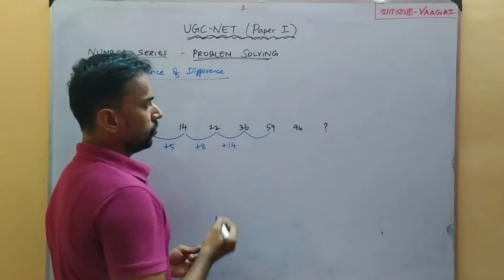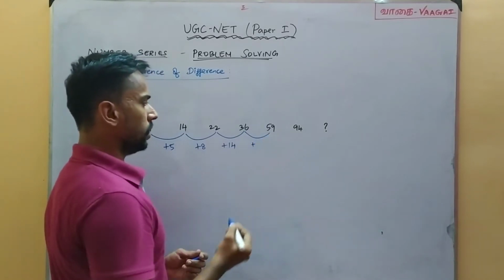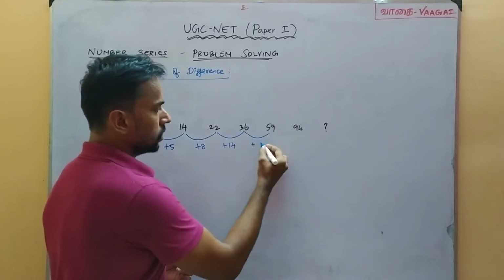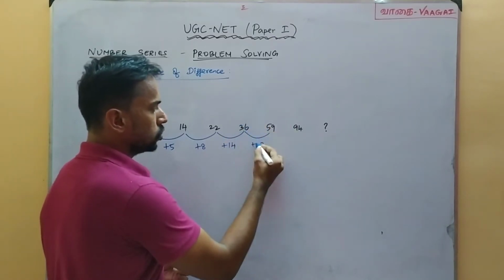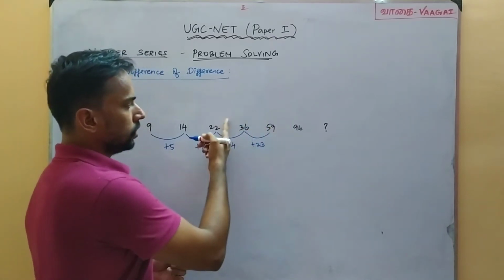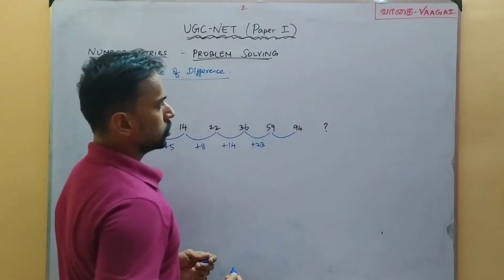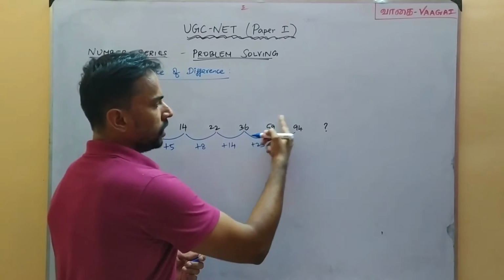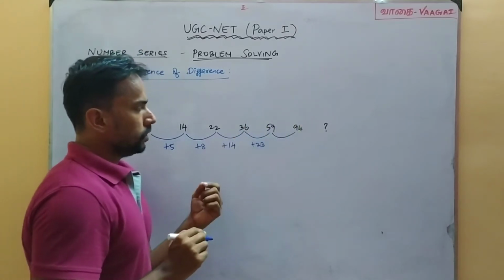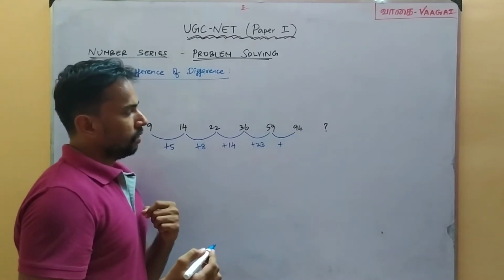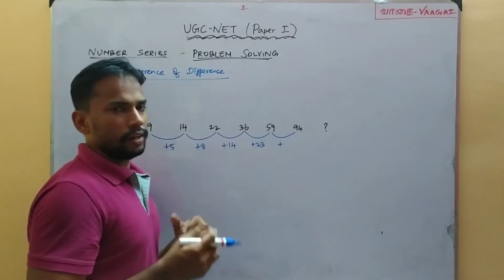Next, 36 to 59. Here how much is to be added? If we see 36, 59, 9 minus 6 is 3 and 5 minus 3 is 2. So 23. So 36 plus 23 will give us 59. And one more is here: 59 to 94. How much more is to be added? We'll do a small calculation in our mind itself.